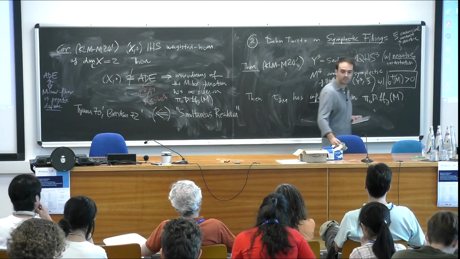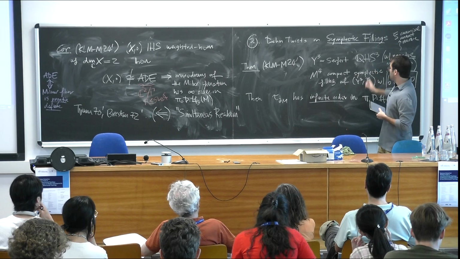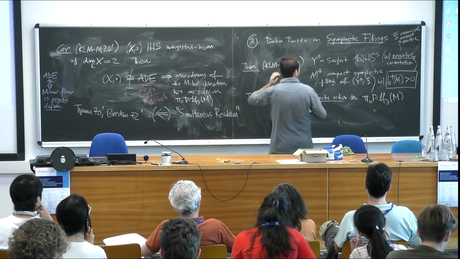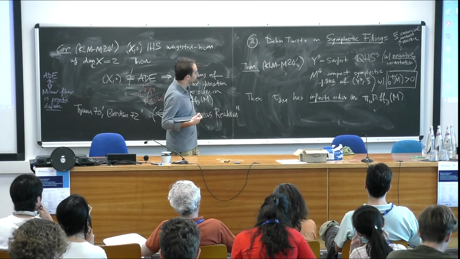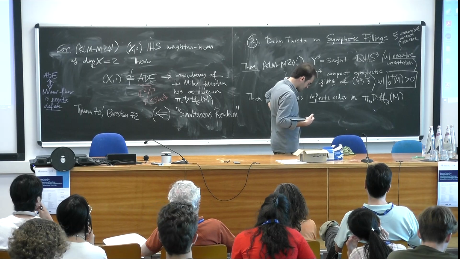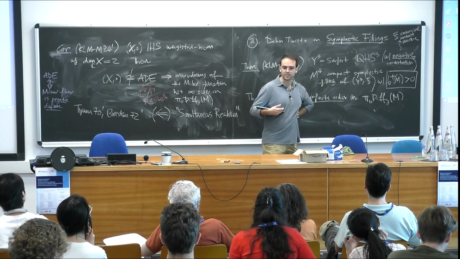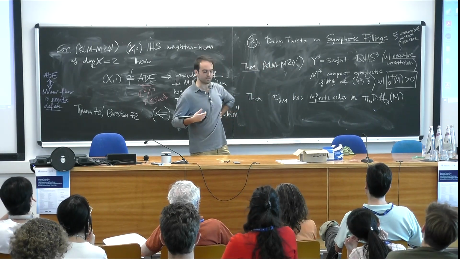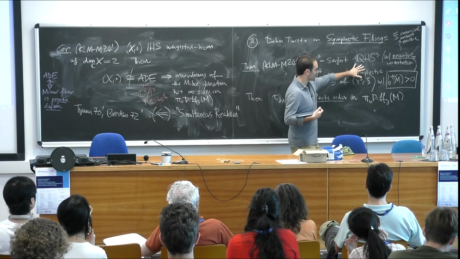So in this theorem, that's a good question. Probably I don't have a counterexample. I would imagine you can drop it, but our techniques only deal with rational homology spheres.